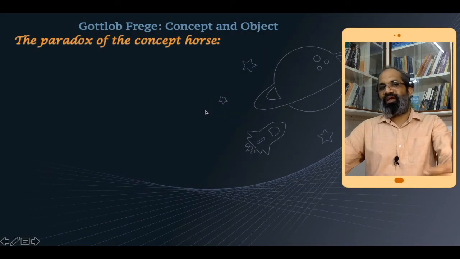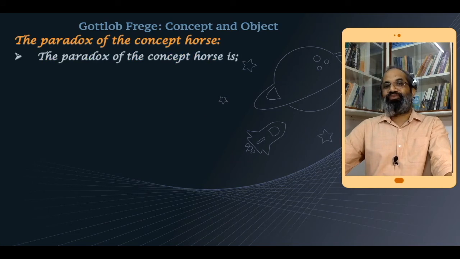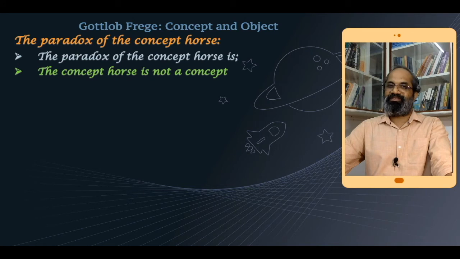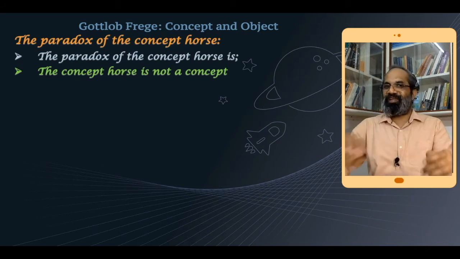And going to the last section, that's about the paradox of the concept horse. For Frege, the paradox of the concept horse is that the concept horse is not a concept. This is somewhat paradoxical. You are saying the concept horse and you are saying that it's not a concept.